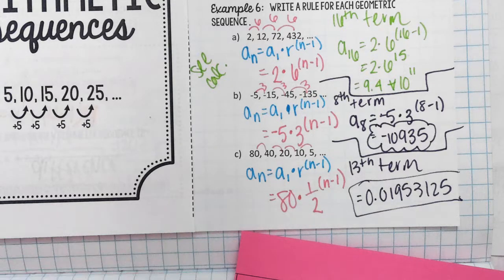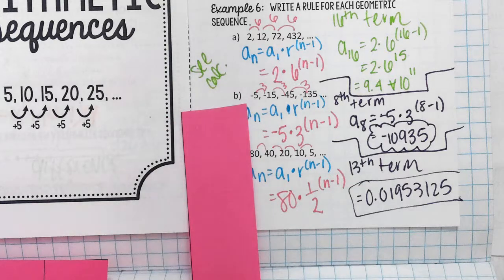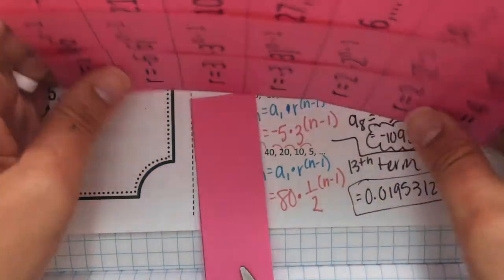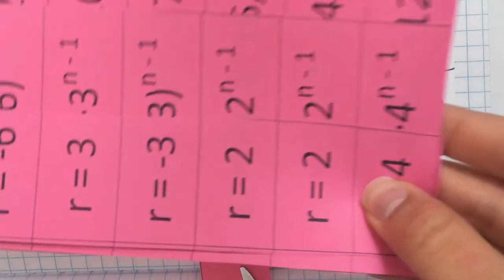I want you to cut each thing out. Alright, so I cut out each of my rectangles, and then I'm going to stack them and cut down the strip so it doesn't take so long.